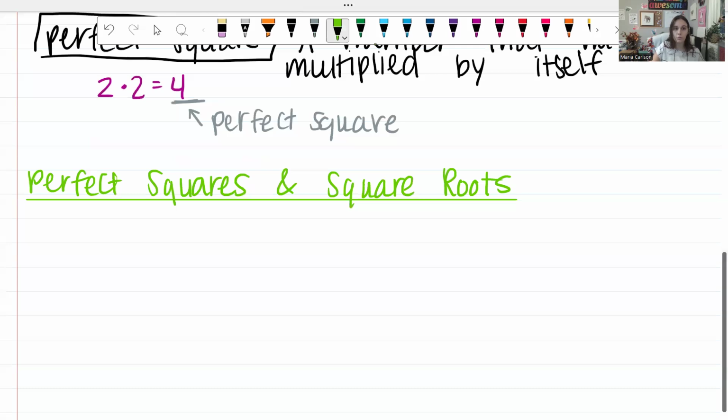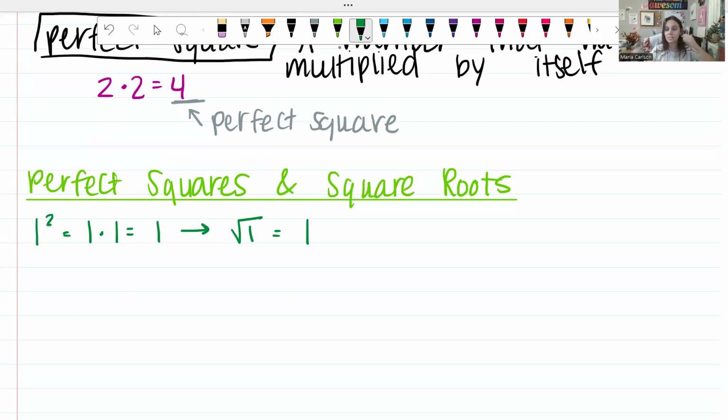Starting off, 1 squared, remember this is 1 times 1, that's just 1. So if I take the square root of 1, that's really just 1, right? And I'm just going to write the principal roots here, the positive roots. And we're going to write about negative roots when we get into a later unit.